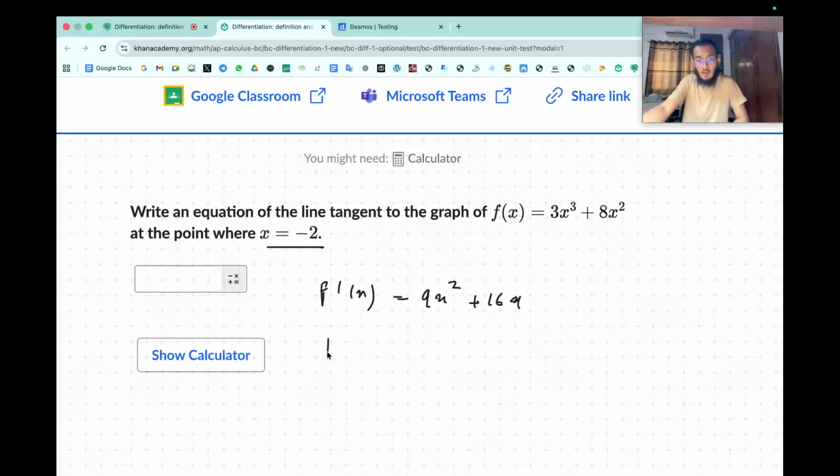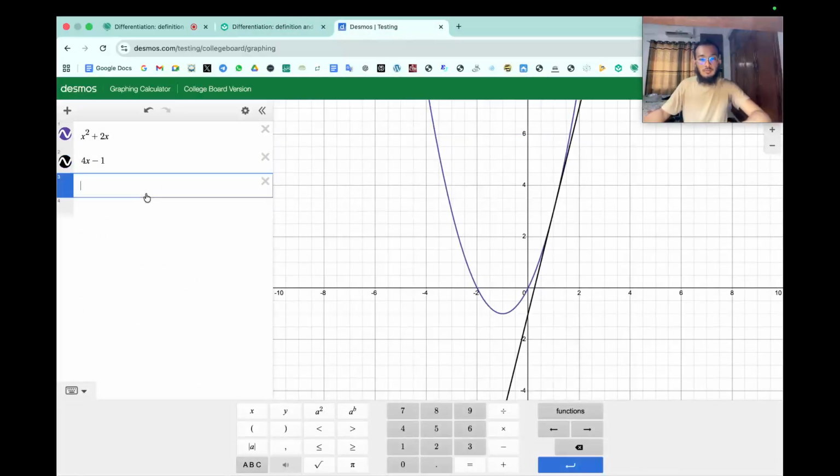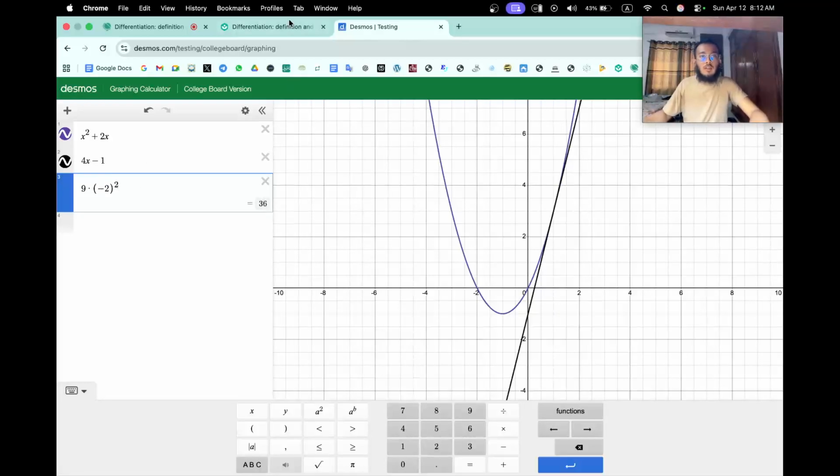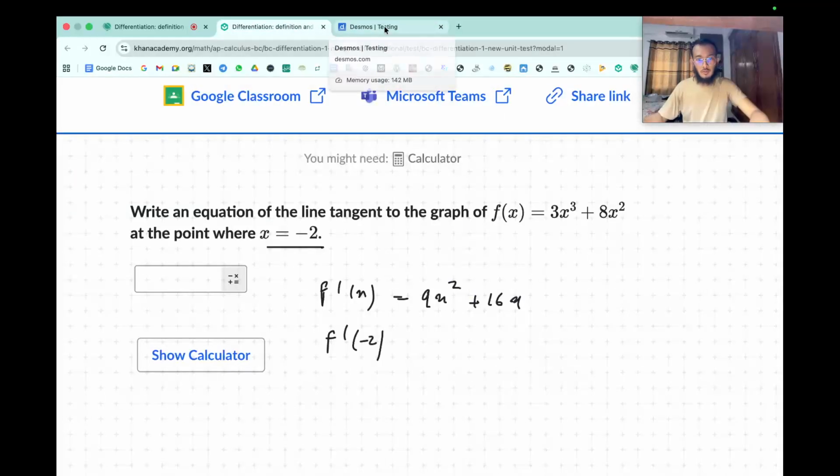And we have to plug in f'(-2). So 9 into (-2) squared plus 16 times -2 is 4.